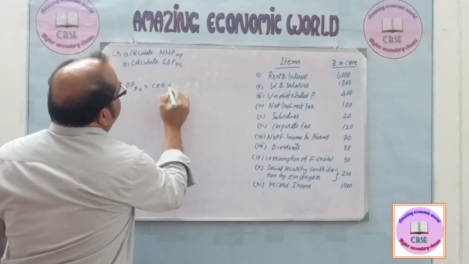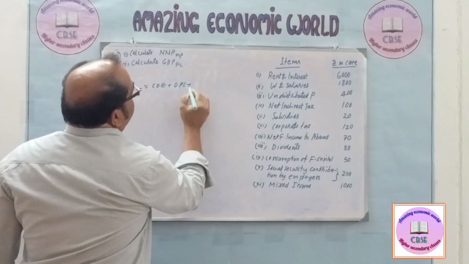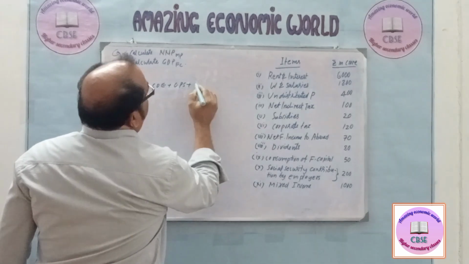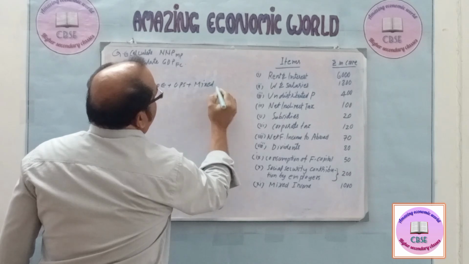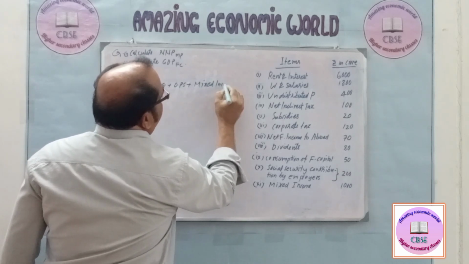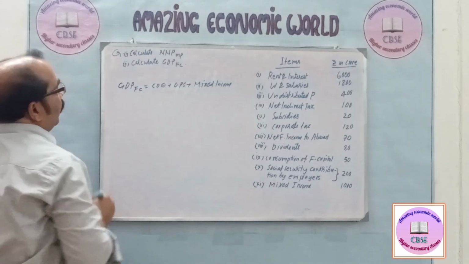compensation of employees plus operating surplus plus mixed income of self-employed.